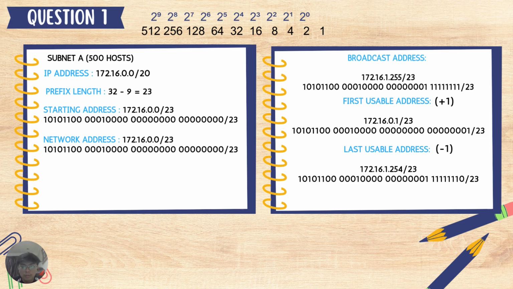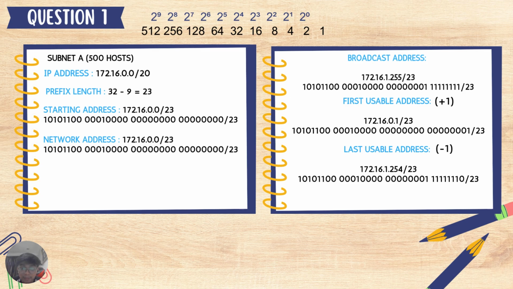We take the network address, 172.16.0.0/23, and we need to add 511. We use 511 because 512 minus 1 is 511. Adding 511 to the network address gives the broadcast address, which is 172.16.1.255/23.